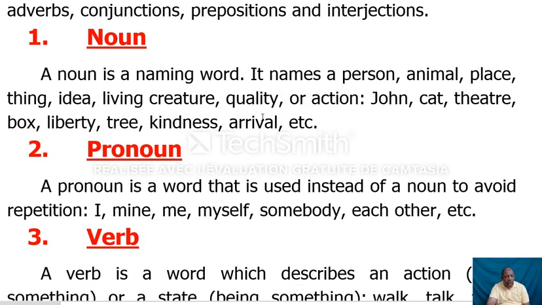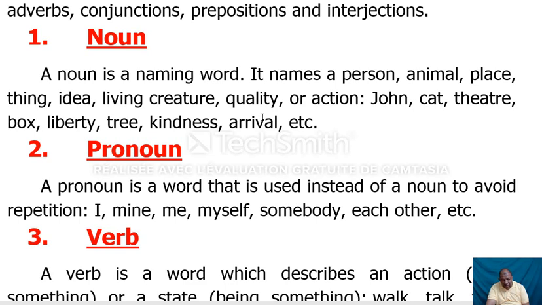So now we are going to see each category alone. Number one, what is a noun? A noun is a naming word. Why? Because it names a person, an animal, place, thing, idea, living creature, quality, or action.